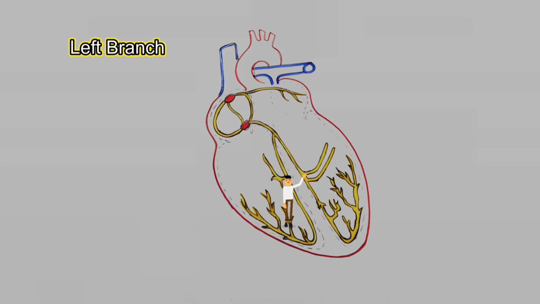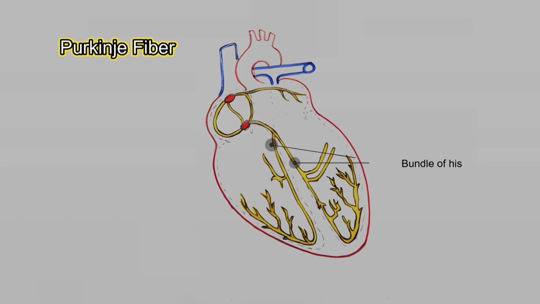The left branch, which descends on the left side of the ventricular septum, divides into Purkinje fibers, which are distributed to the septum and left ventricle. Purkinje fibers are terminal branches of the left and right branches of the bundle of His, and they spread subendocardially over the septum and reach the ventricular wall.